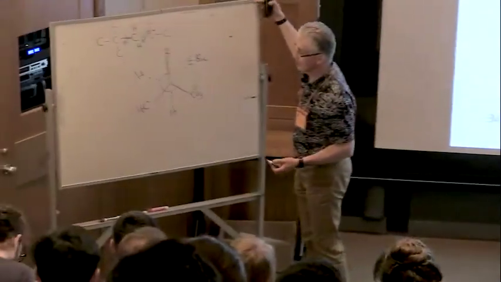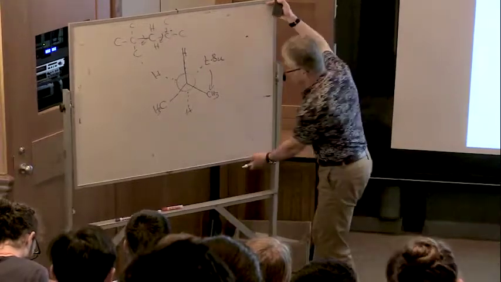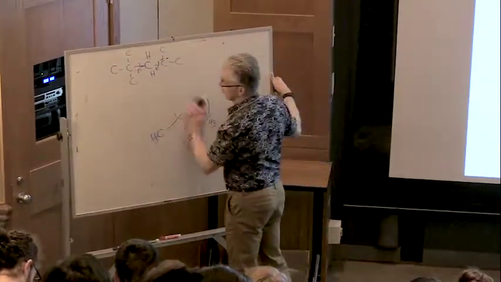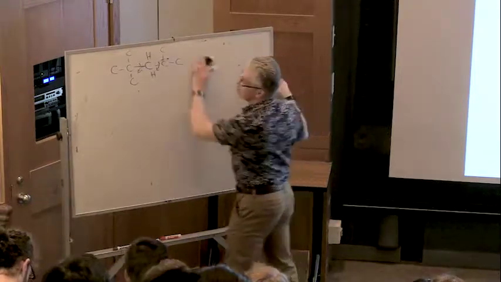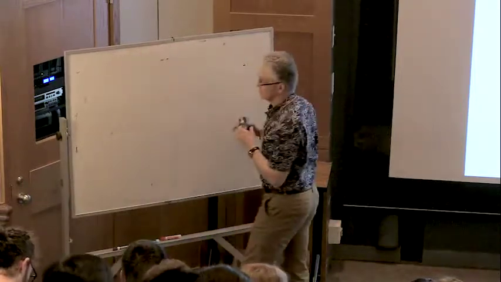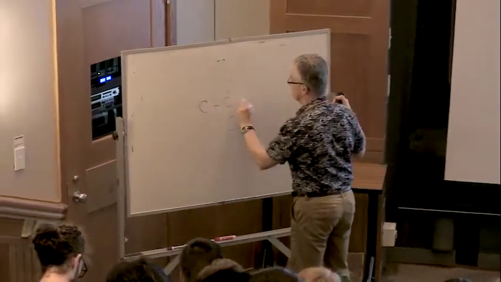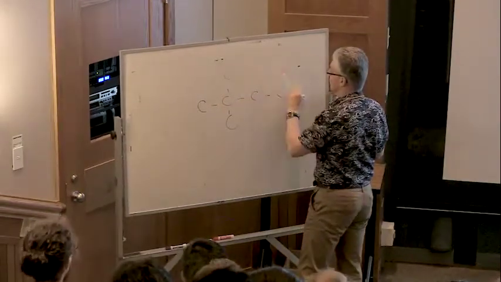So if we go back, maybe I get it. No. Okay. Okay, I draw it again. So we have 1, 2, 3, 4, 5, 6, 7, 8.